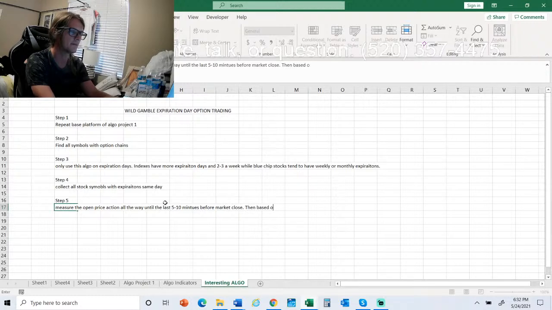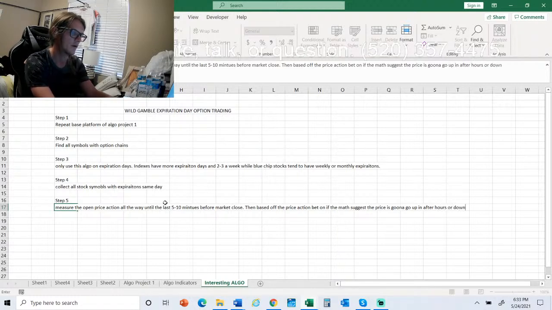Then, based off the price action, bet on if the math suggests the price is going to go up in after hours or down. Also try betting both on the heaviest movers of the day.